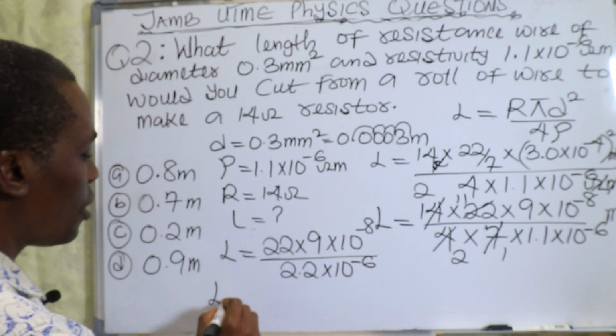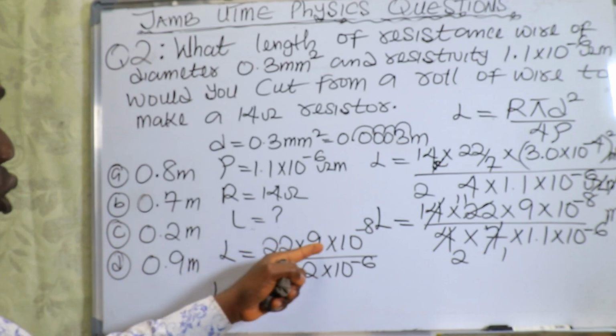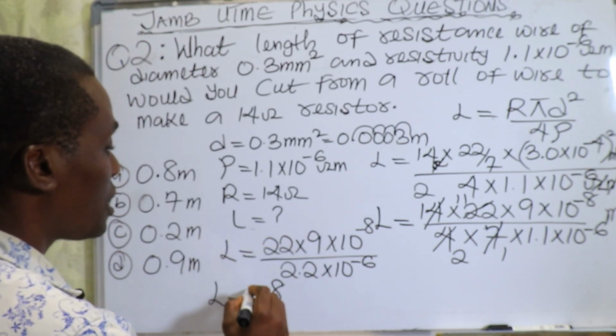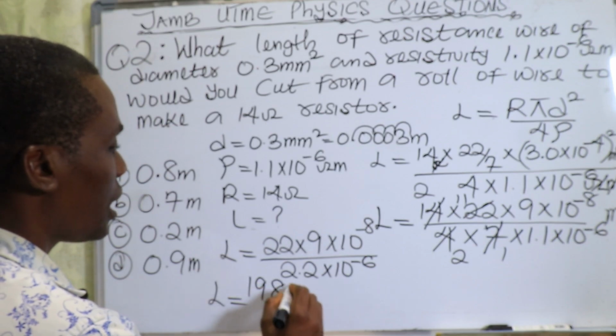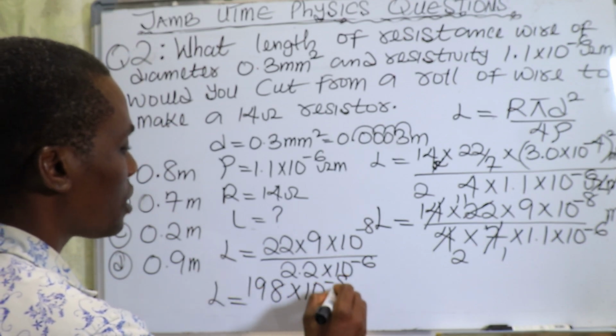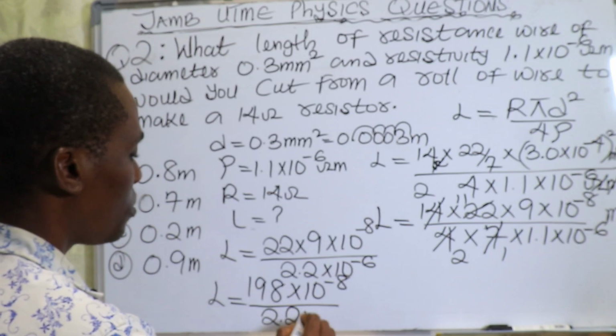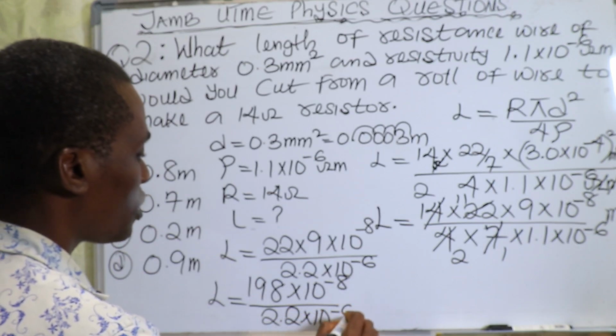So my L will be equal to 22 times 9, 9 times 2 will give me 18, 9 times 2 will give me 18 plus 1, 198 times 10 to the power of minus 8 divided by 2.2 times 10 to the power of minus 6.